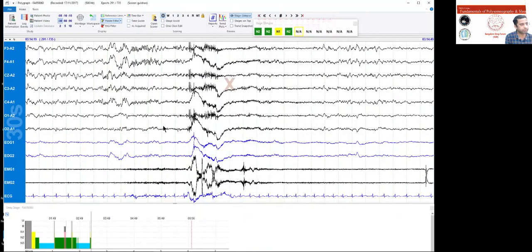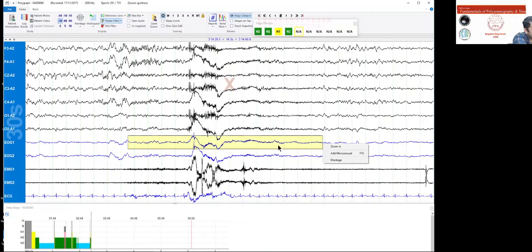So this is a kind of arousal. See, the K complex was there, and not associated with it, but this part is arousal. If it exceeds more than 15 seconds, then it's wake. If it is less than 15 seconds, we count: 1, 2, 3, 4, 5, 6, 7, 8, 9, 10, 11, 12, 13, 14. So 14 seconds, not exceeding 15 seconds.